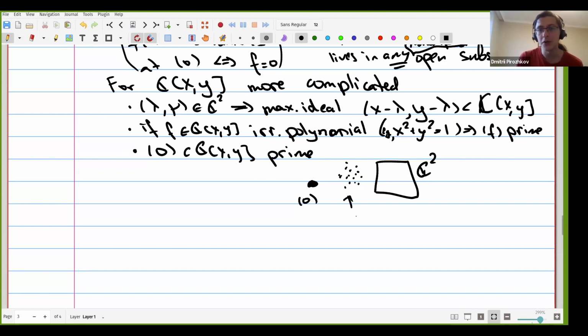So those kind of correspond to curves, algebraic curves in C squared. And there is some kind of topology between all this.